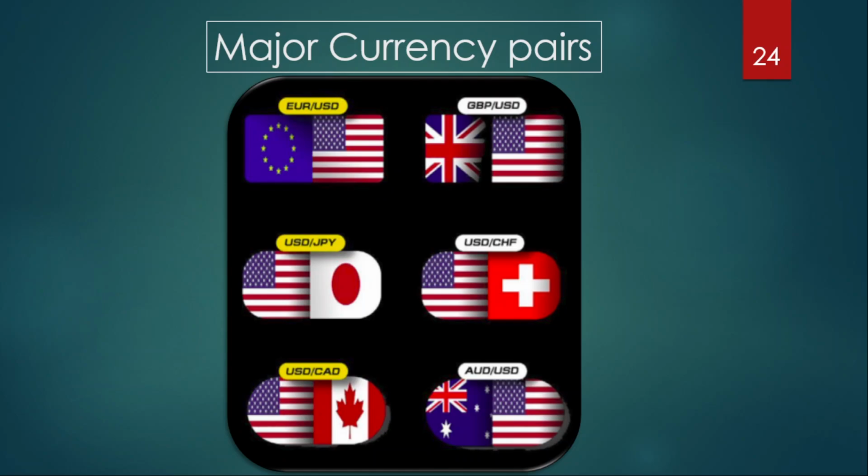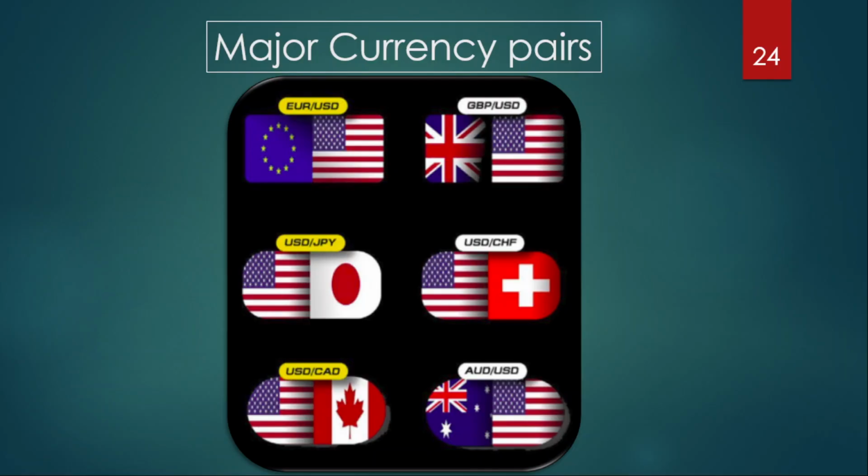We have GBP USD, USD JPY, USD CHF, USD CAD, AUD USD. These are major currency pairs because they are paired with the US dollar.